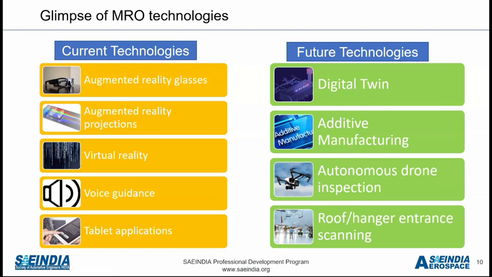Now the question you may ask is why MROs are improving the processes. What is the need for this? Basically, they want to make sure that their processes flow in such a fast manner that availability of the aircraft is maintained at all times.